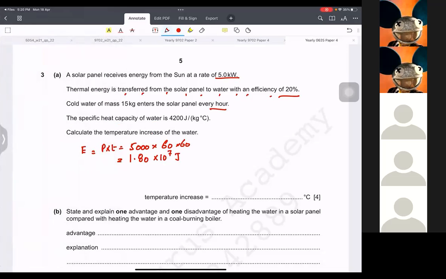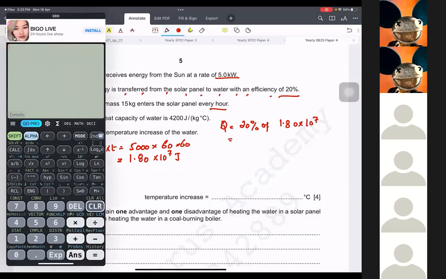Now it only converts 20%. So the heat Q will be 20% of the energy transferred. I'm just explaining it to you. So 20%, 0.2 times 1.8 times 10 raised to 7, that is 3.6 times 10 raised to 6. This much energy.